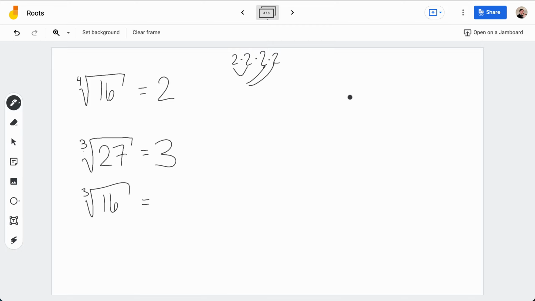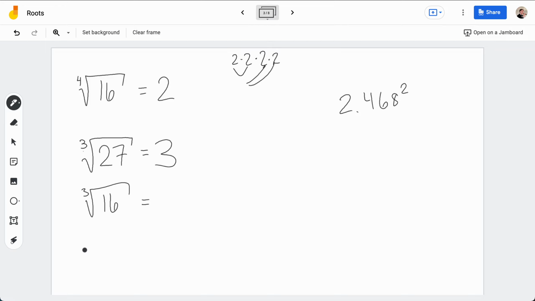Just like if I asked you what's 2.468 squared, I mean, you can do this on paper, but you're not gonna be able to do it in your head very quickly, nor are you gonna be able to look at a chart very quickly, right? To figure it out, this is where you would turn to your calculator. Same idea here. If you have the cube root of 16, you would turn to your calculator. You're gonna find there's a square root button on there, little check mark, and there's one that has a little x next to it.